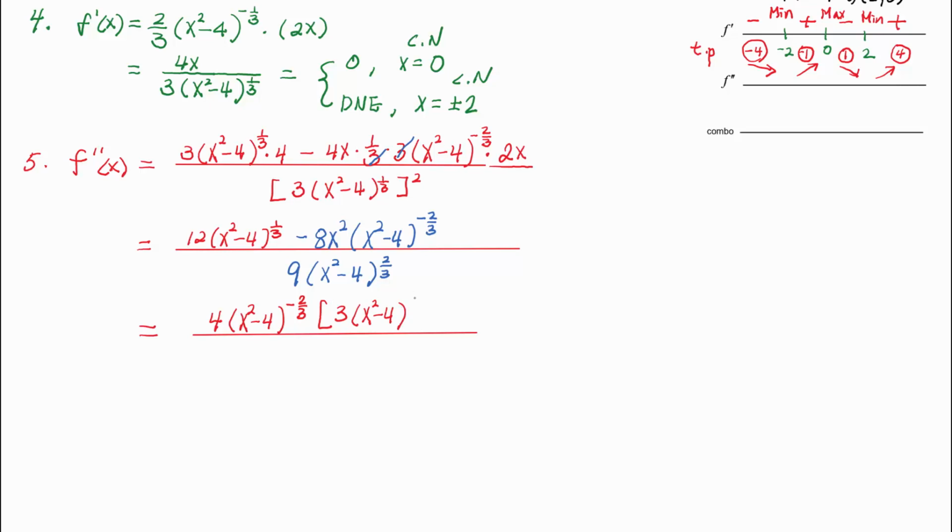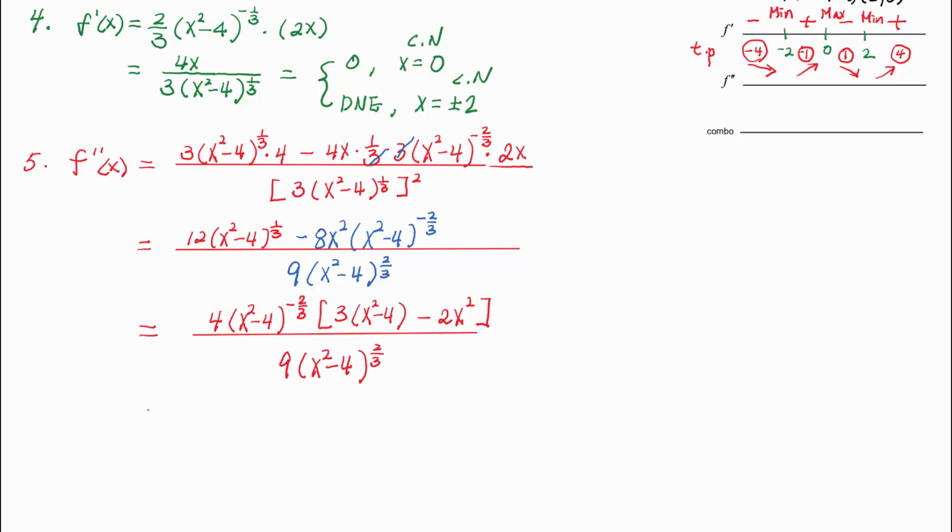When you add the exponents, it gives you back the 1/3 power. Minus 4 times 2x squared gives you negative 8x squared, and your whole quantity x squared minus 4 to the negative 2/3 power is out, so we close the bracket there. Over 9 times quantity x squared minus 4 to the 2/3 power.